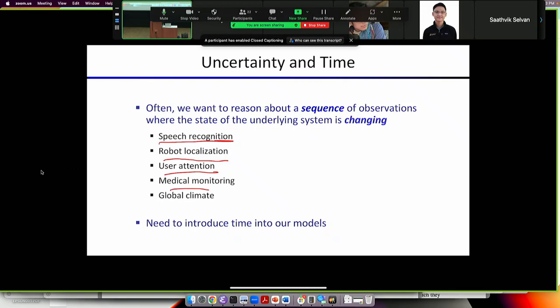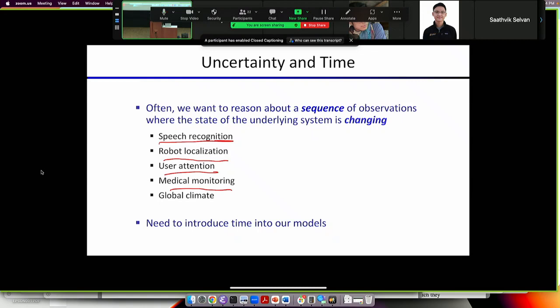In medical monitoring, which I've worked on a lot, in intensive care, you're collecting dozens and dozens of observations every millisecond from the patient, and you want to infer some hidden variables like, are they suffering from acute lung injury? Have they had a brain hemorrhage? Are they becoming diabetic? Et cetera, et cetera. So that can be done using probabilistic inference.